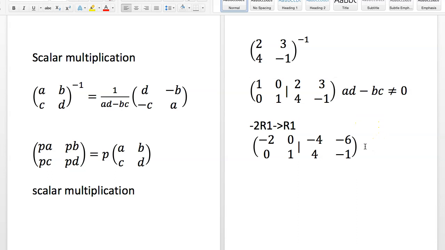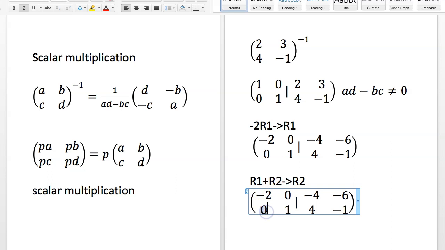So now I add them. I do row 1 plus row 2, and I put that into row 2, and I get, well, what do I get? Negative 2 plus 0 is negative 2. 0 plus 1 is 1. Negative 4 plus, remember, you want to kill all the terms that are off the main diagonal. So I want to kill that 4 to 0.